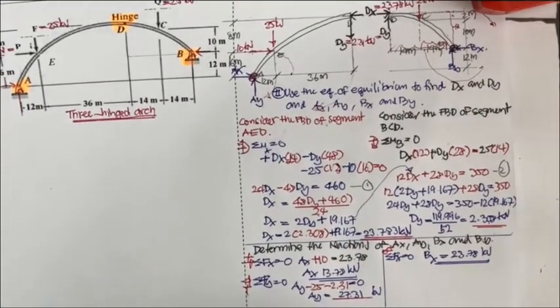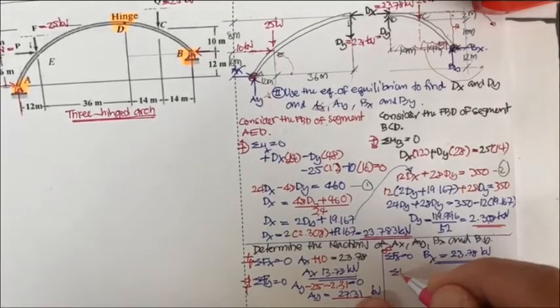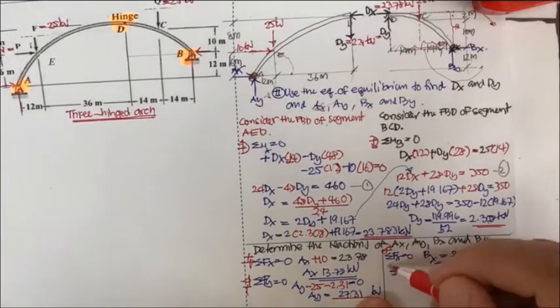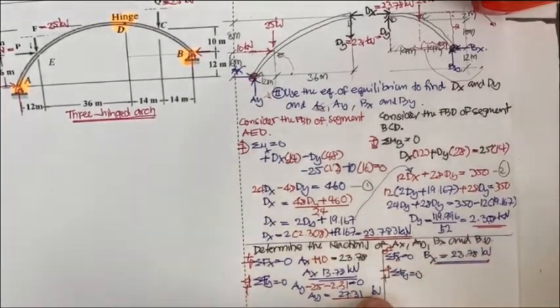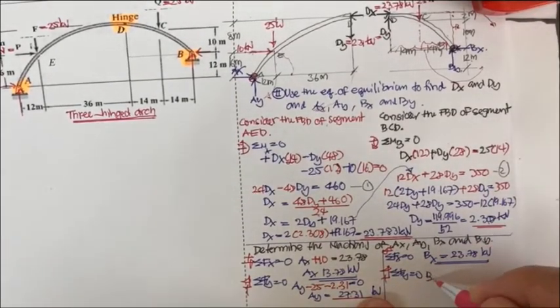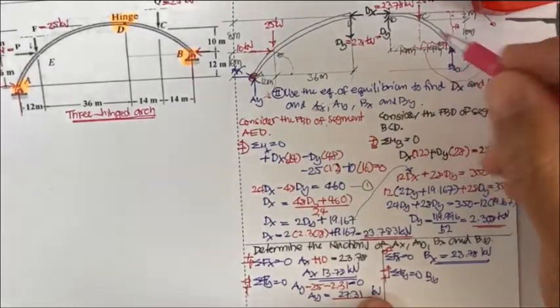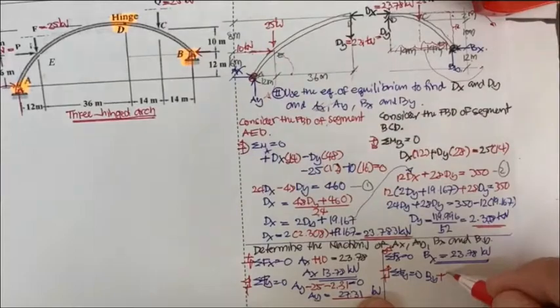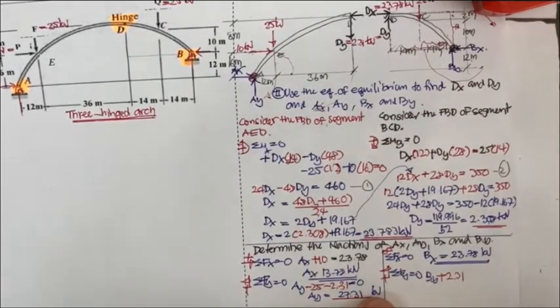And the last one, you do the same, summation of F sub y equal to 0. B sub y is up, so up is plus. We have b sub y up, d sub y plus 2.31.